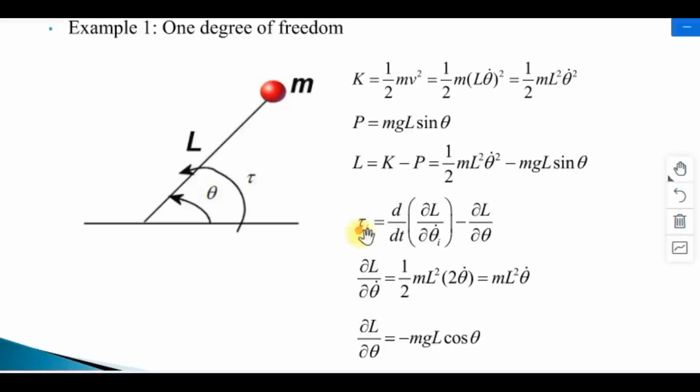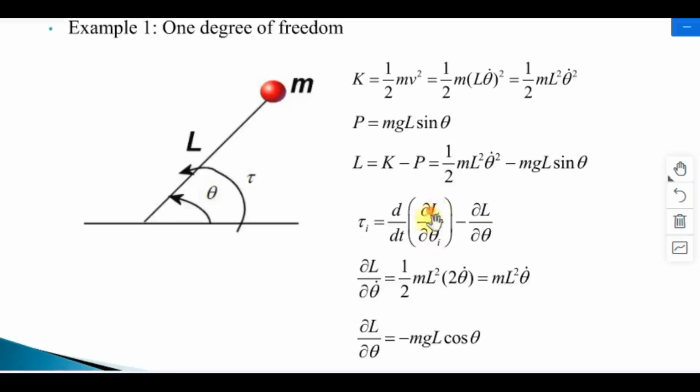Now you calculate the tau i. Tau i equals d/dt of del L by del theta i dot minus del L by del theta.